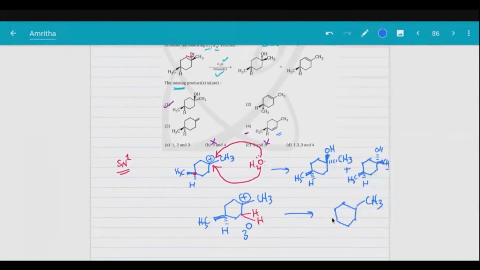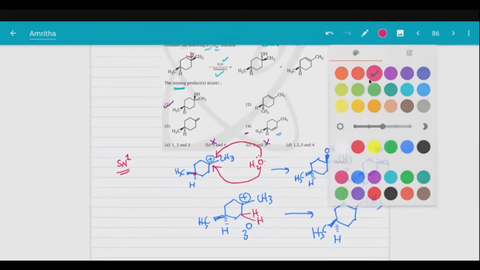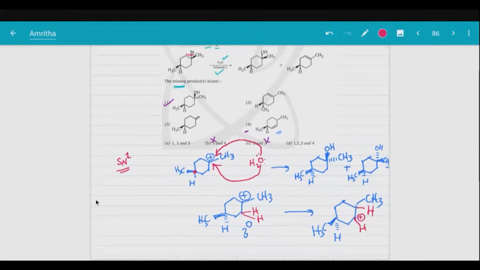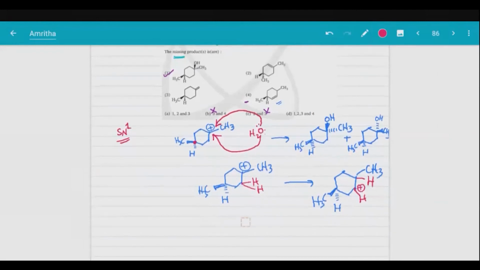So will I get this or not? If I get carbocation, then I'll get alkene here. If it undergoes rearrangement, very simple logic. Yes, I'll get it, but is this rearrangement possible? This is tertiary carbocation, we just discussed all this. Secondary carbocation. Is this possible?